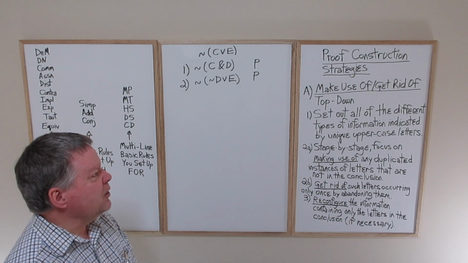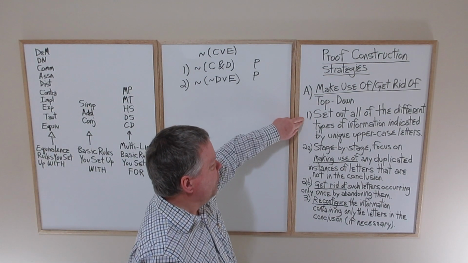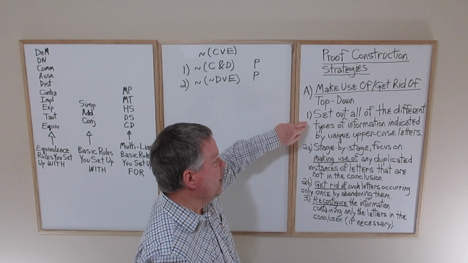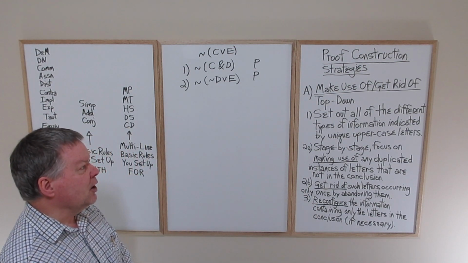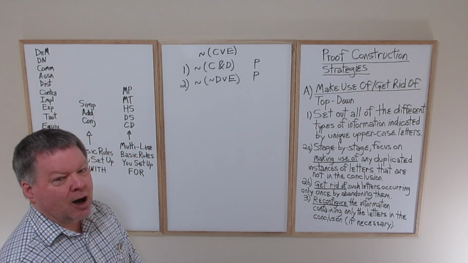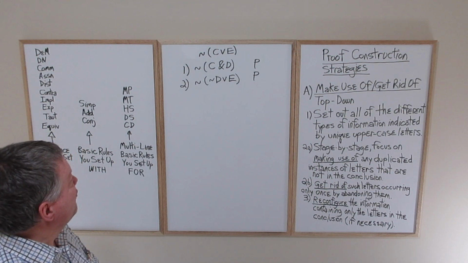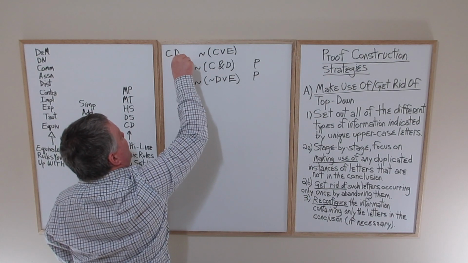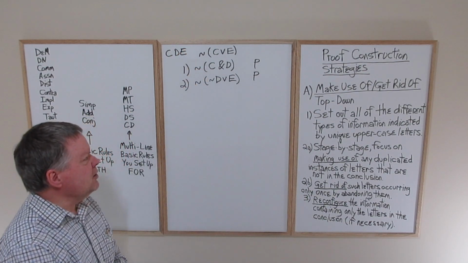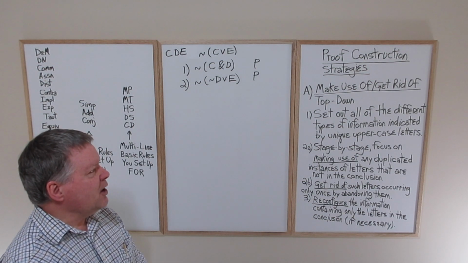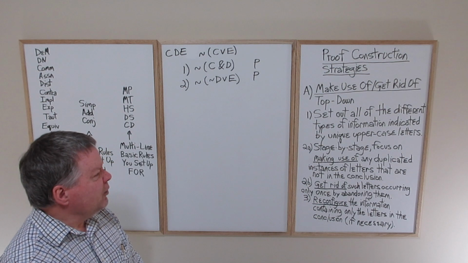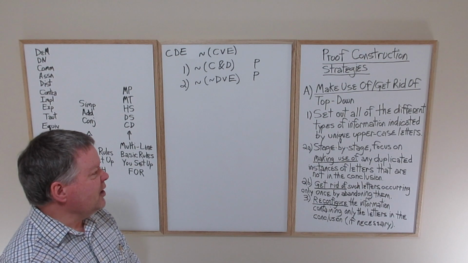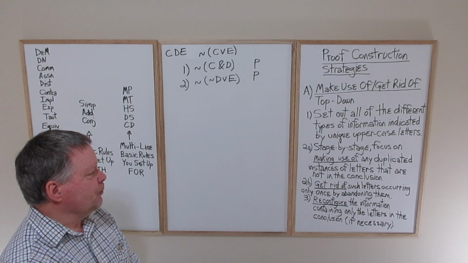With this strategy, we start by setting out all the different types of information that's available in the premises, and the different types of information will be indicated by unique uppercase or capital letters. For example, in this proof here, we've got C, D, and E related information. What we want to do is make use of the D related information in order that we can arrive at a conclusion containing C and E related information.